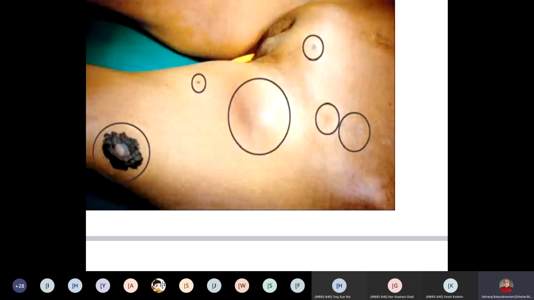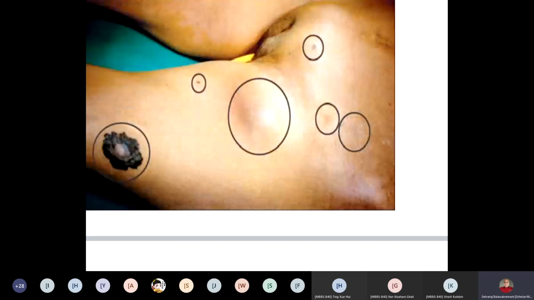There are 5 types of malignant melanoma. I have yet to make a video on malignant melanoma. All of you should know this. I think I will make one video each on basal cell carcinoma, squamous cell carcinoma, and malignant melanoma.